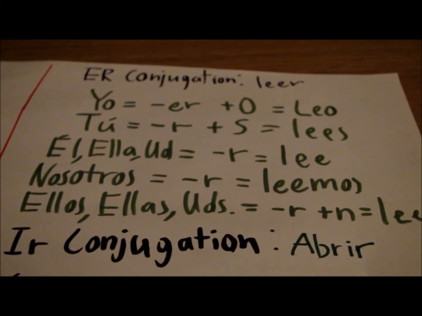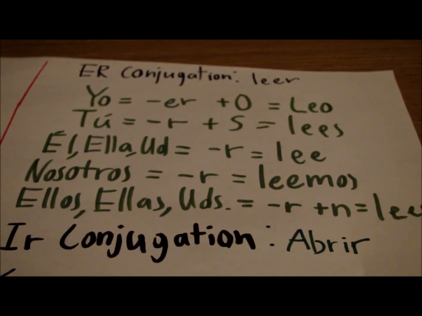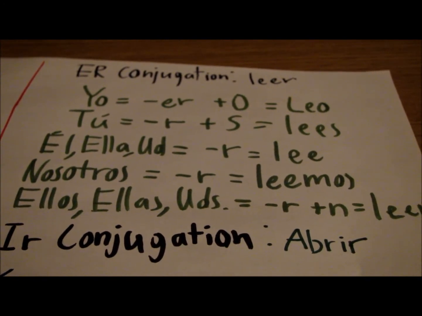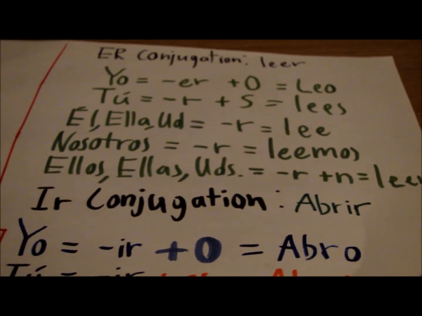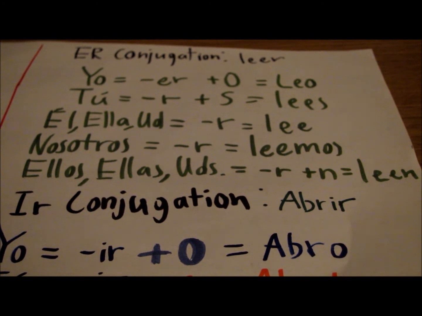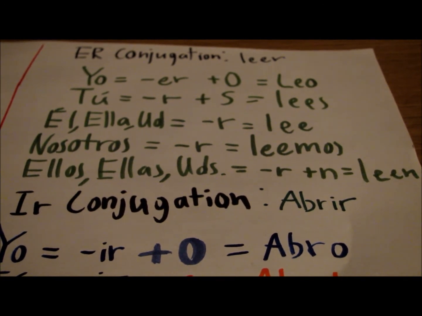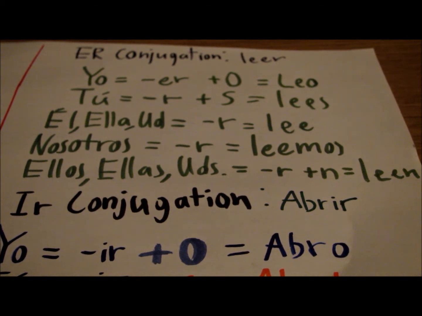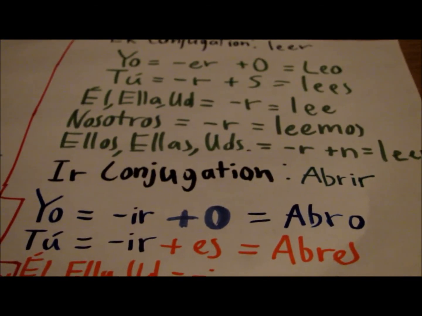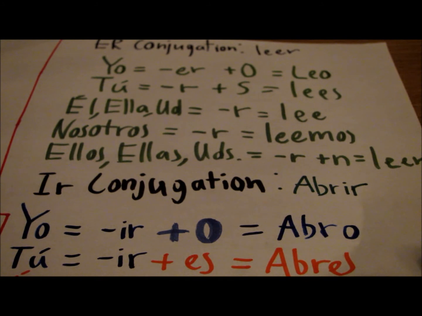So next is IR conjugation, and the verb I'm using is abrir, which means to open. So the first is yo, and yo is very regular. You take off the IR and add O to make it abro. Now here's where it gets slightly different.